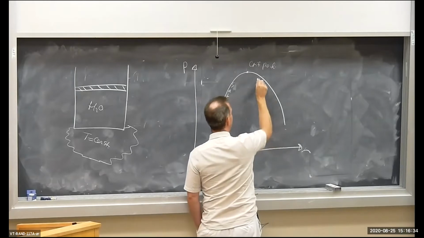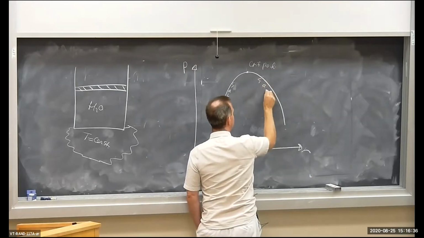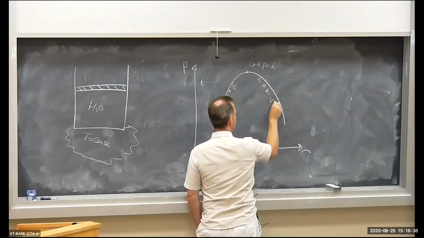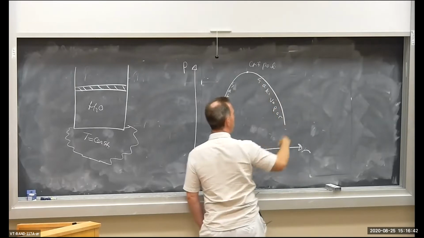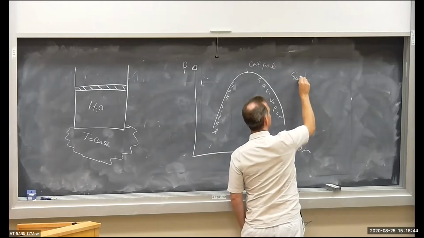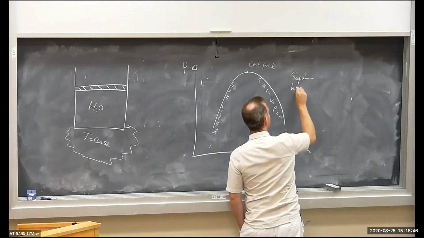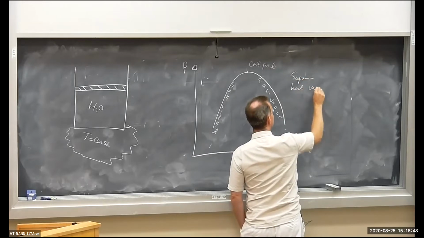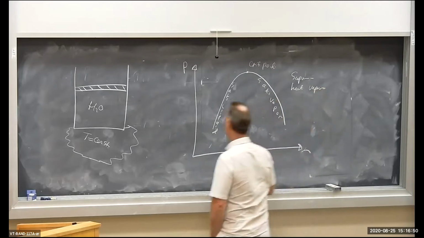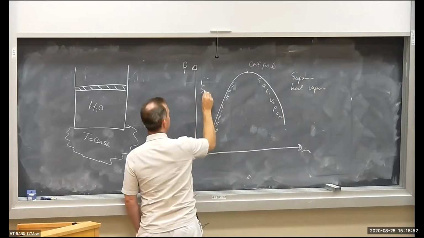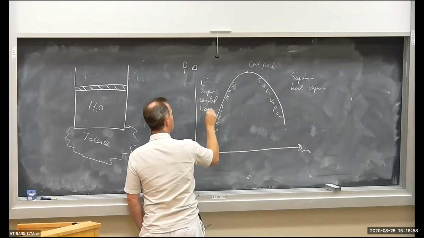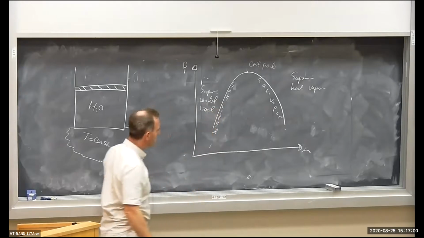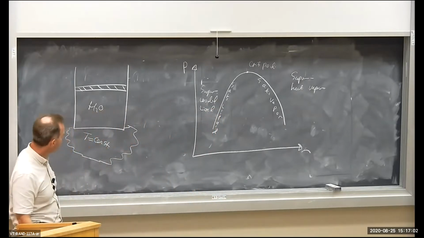Over here, I have saturated vapor. On this side of the dome, I'll have superheated vapor, in other words, a gas. And over here, I'm going to have supercooled liquid. It'll look the same.